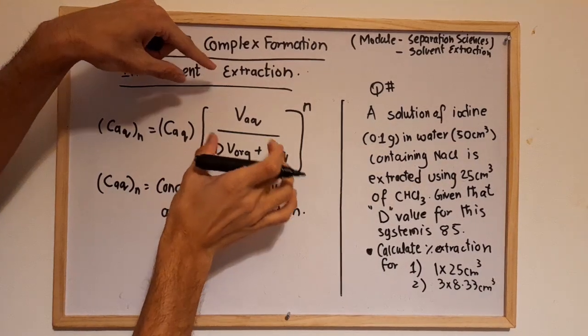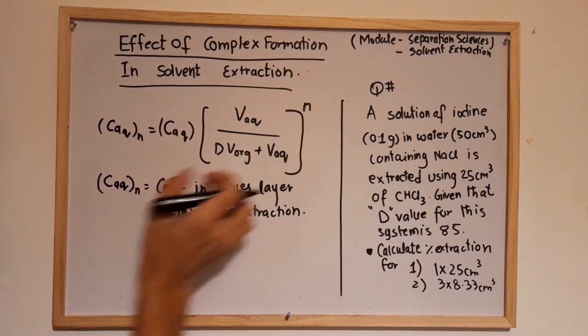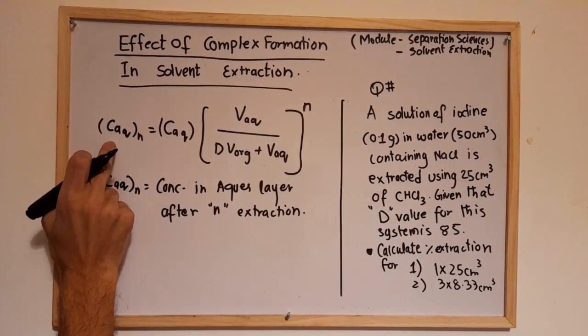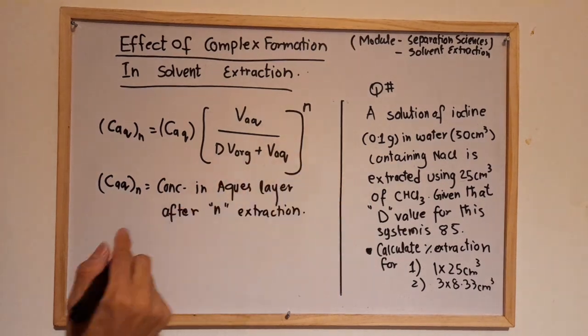We have taken the solvent and we're going to extract with that solvent. If it's 1, then n would be 1. That shows the concentration in the aqueous layer after n extractions, like 1 extraction.